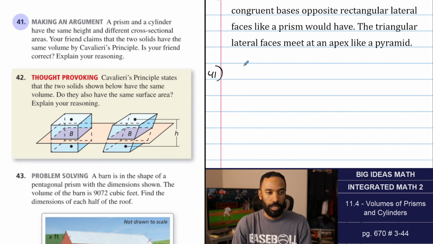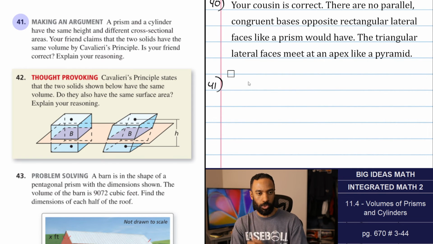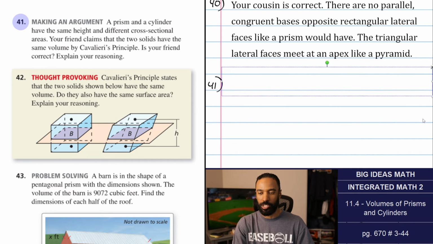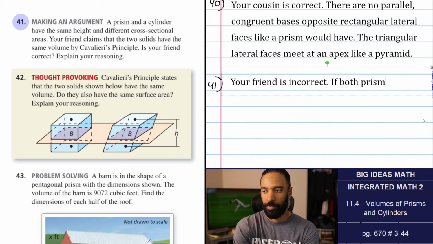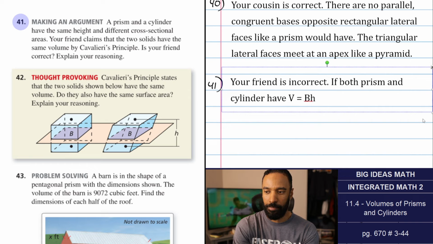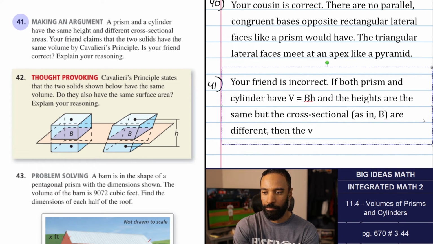No. If they have different cross-sectional areas, then it doesn't work. Your friend is messing up today. Your friend is incorrect. If both prism and cylinder have volume as area of base times height, and the heights are the same, but the cross-sectional areas, as in the base areas, are different, then the volumes would be different.